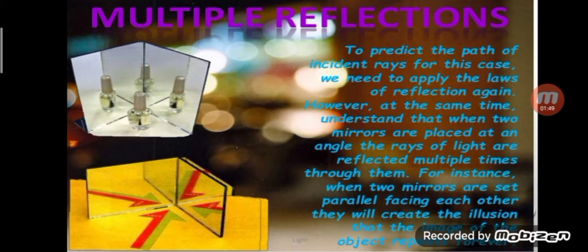You can do an activity to find the number of images formed when an object is placed between hinged mirrors. The number of images will increase as you decrease the angle between two mirrors.